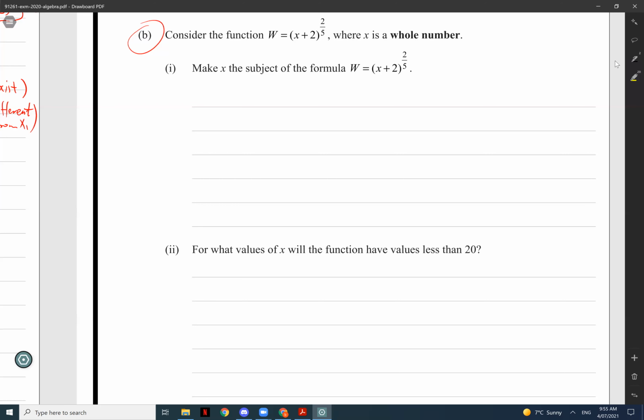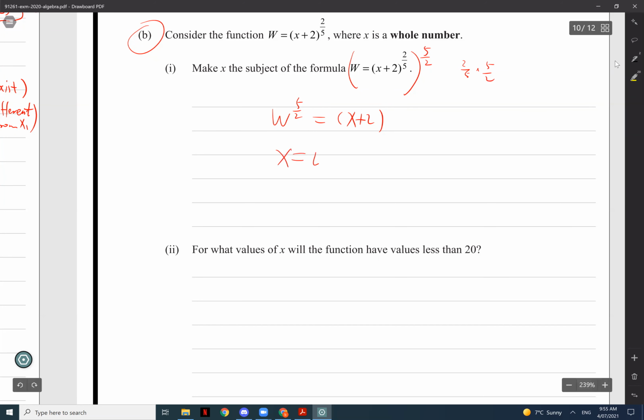Which means how do we solve for x? Both sides to the power of 5 over 2. W to the 5 over 2, and (x plus 2) to the power of 2 over 5 times 5 over 2 is just 1.